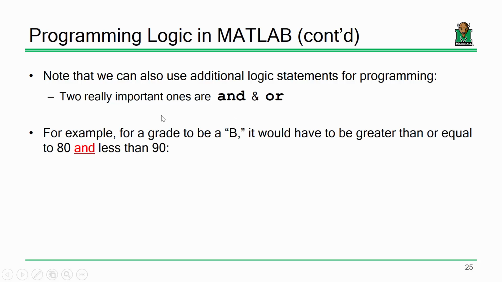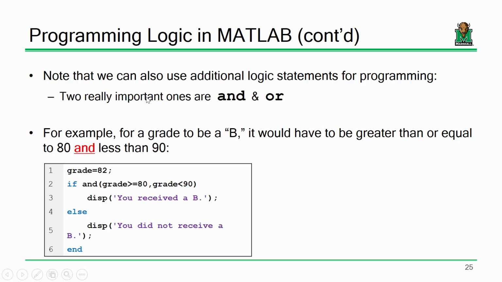So for example, if you didn't want to have that nested else-if statement, you could create a situation where a B is going to be something that's greater than or equal to 80, but less than 90. And so inside of the if is the and.